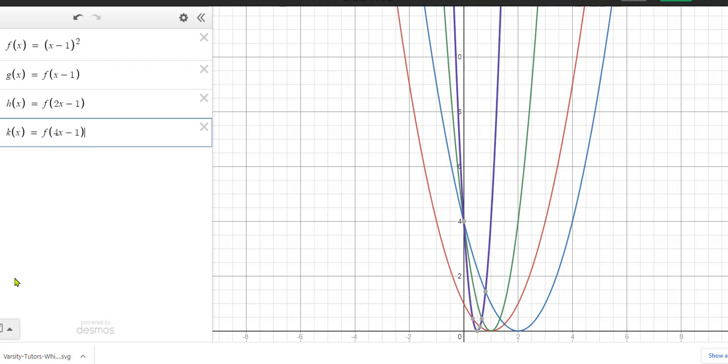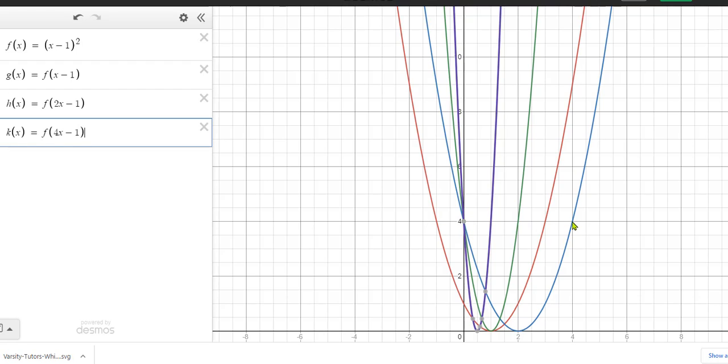Where's this one coming from? This is now the purple graph. What's happening here is it's taking the red graph and shifting it 1 right to the blue graph. That's the shift of 1, but then every point on the blue graph is reduced to 1/4 of what it was, pulled toward the y-axis.